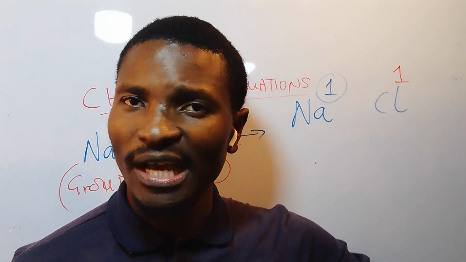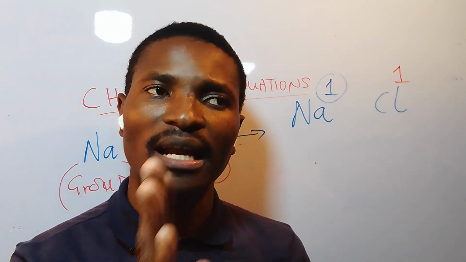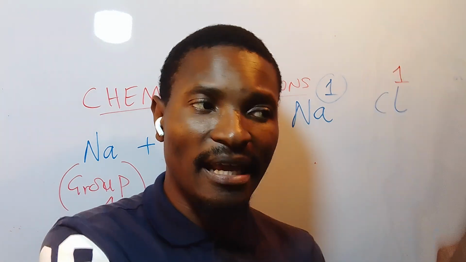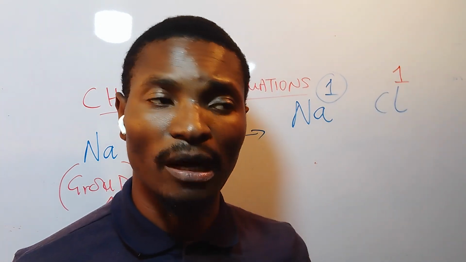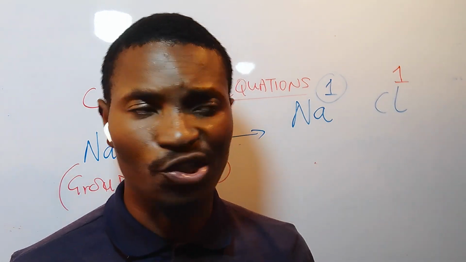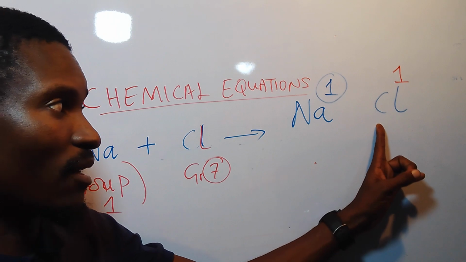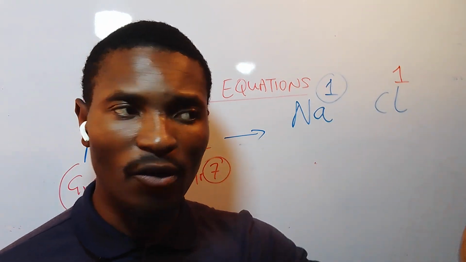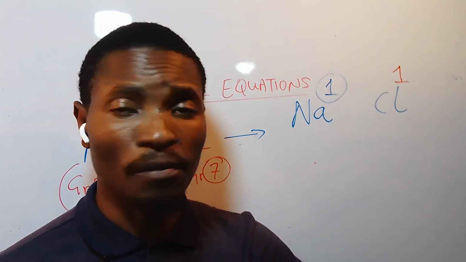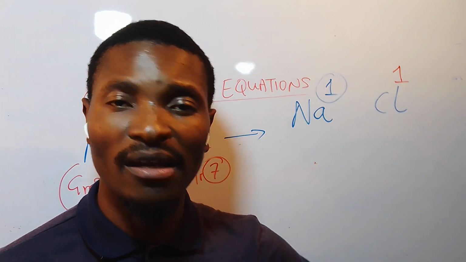But the moment you reach 5, to find the number of electrons that are going to participate in a chemical reaction, you have to subtract that number from the total number of electrons in the outermost shell, which is 8. So that's what we have just done. Chlorine is in group 7, so to find how many electrons are going to participate in that chemical reaction, we say 8 minus 7, and then we get 1.